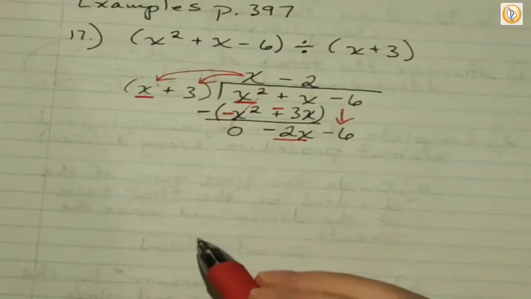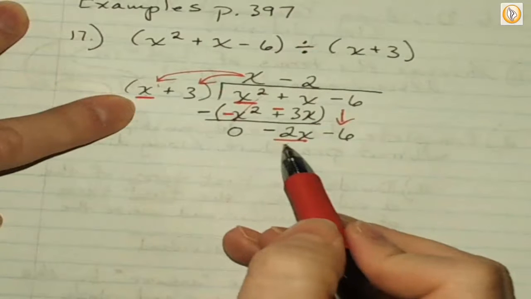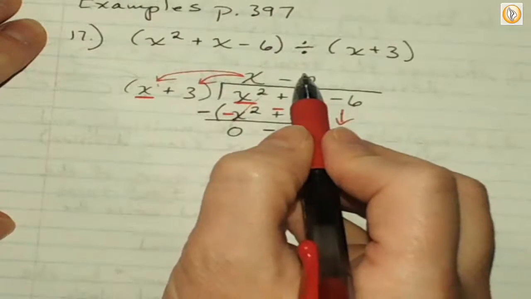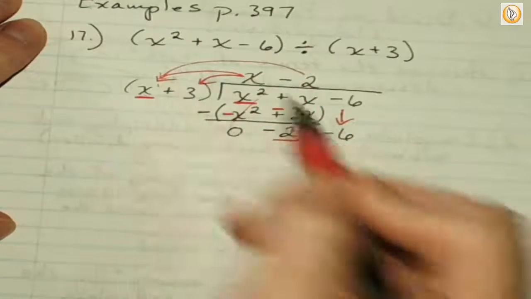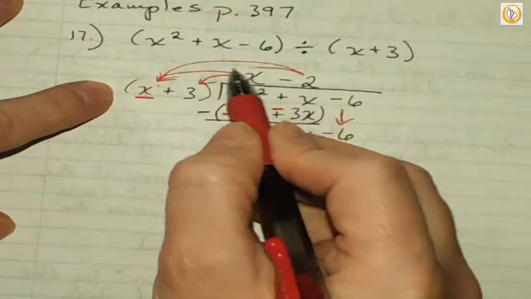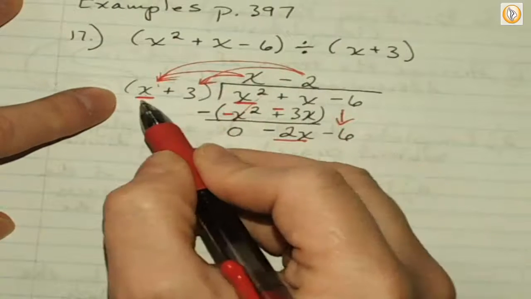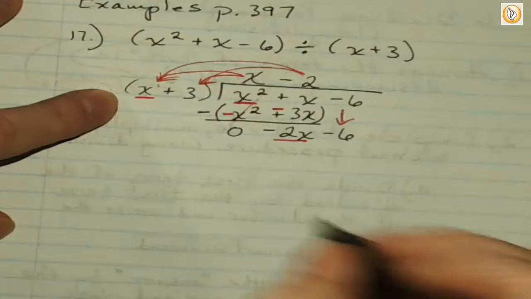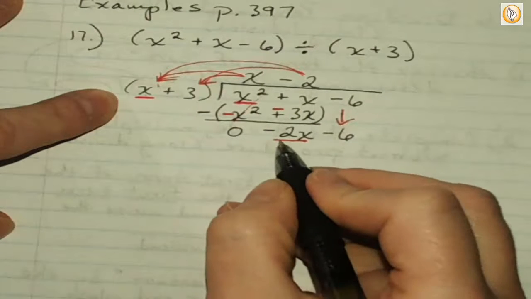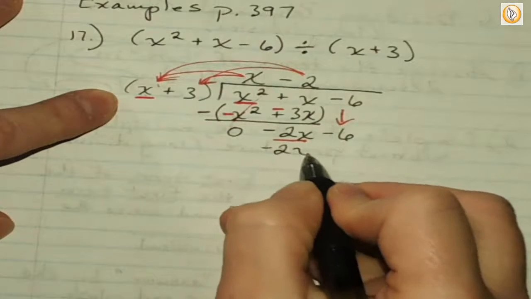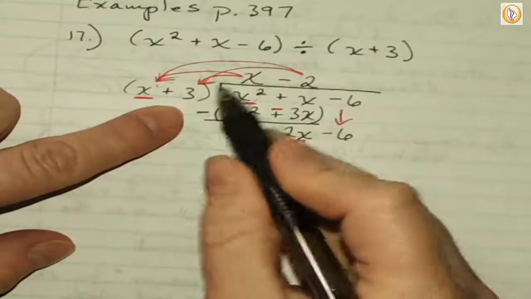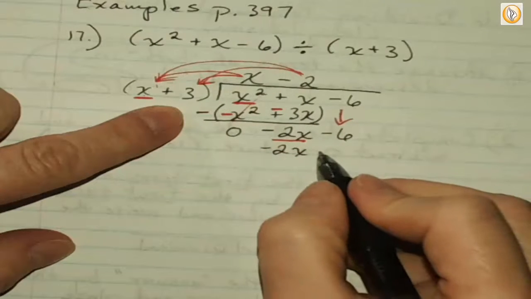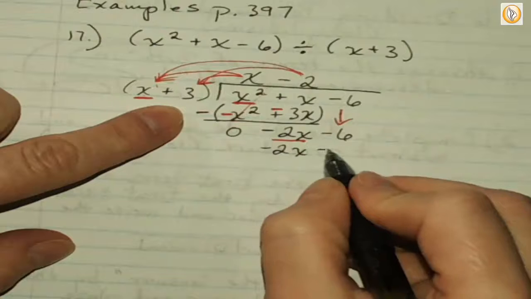Now we go back, because we only are worried about the first terms. We're going to multiply our answer by everything in the divisor. So negative 2 times x is what, Cecilia? Negative 2x. And negative 2 times positive 3 is what, Michaela? Negative 6.